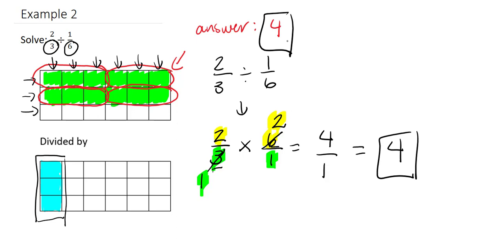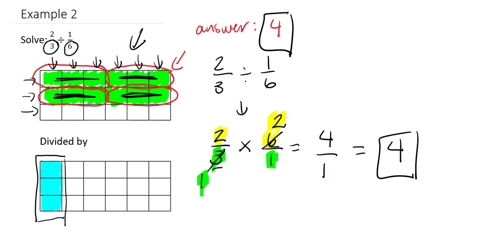The answer is 4. And now we can see why, because 2/3, we can visually look at it, and how many 1/6 are in there? Well, there are 4, because these each count as 1. So therefore, our answer is 4. And so now we can see how visually this worked out, and also how it worked using our KFC method.